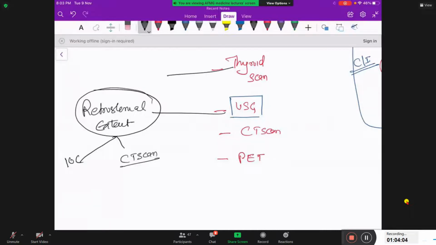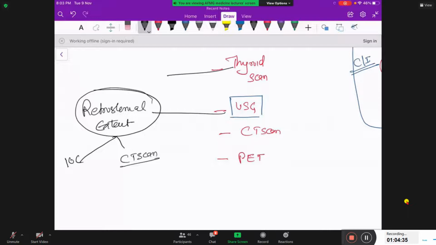So in any patient who comes with clinical thyroid enlargement, we have to find out whether the gland is going retrosternally, and if yes, whether it is compressing major vessels in the retrosternum.